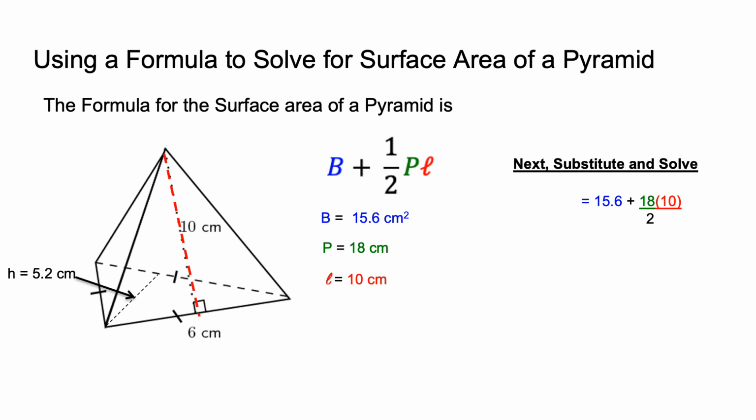The perimeter of the base is 18 because the side length is 6. 6 plus 6 plus 6 is 18, times the slant height, which is 10, and all of that will be divided by 2. So you see we have 15.6 plus 90, which also equals 105.6 centimeters squared, the same answer that we found using the net.